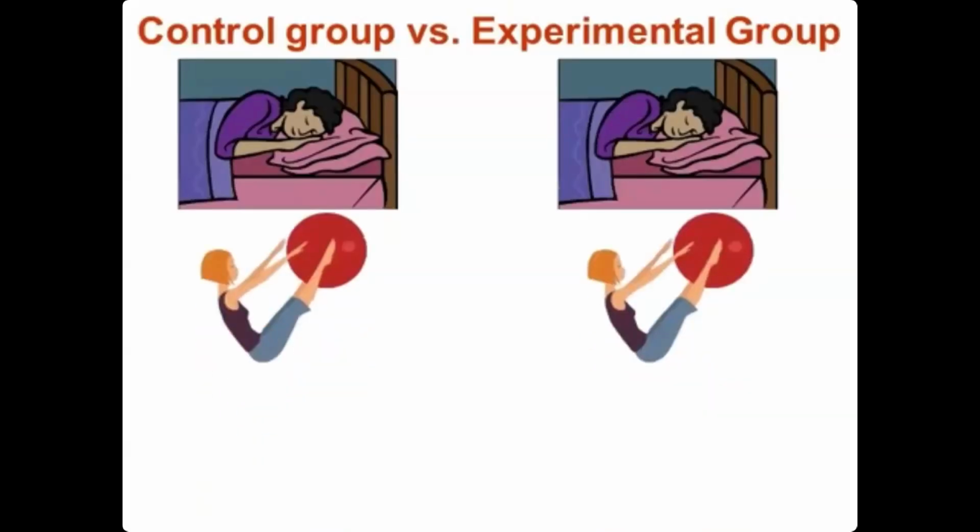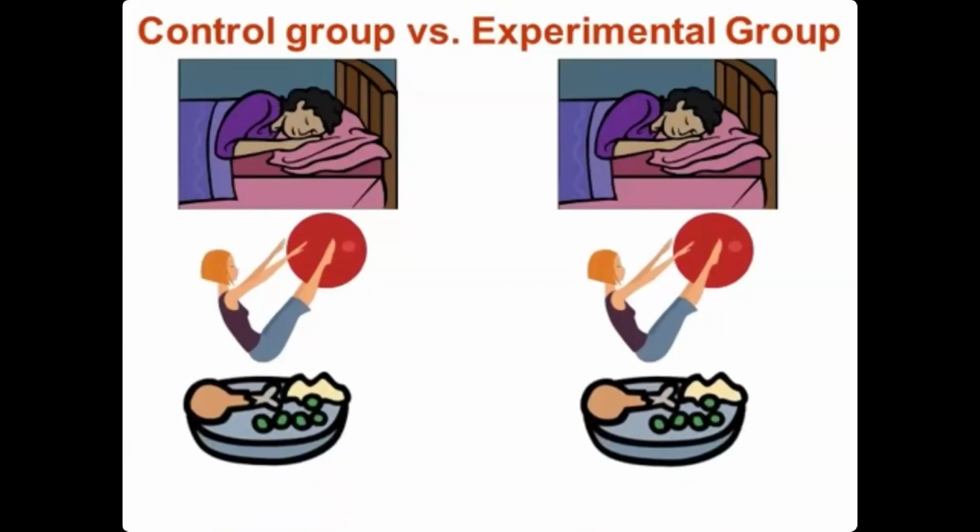During her 1 month of recording her sleep, she's also exercising regularly, and she's also eating very similar meals in this 1 month period, well-balanced meals with a good balance of carbohydrates, proteins, and lipids. The one difference is, if you just notice, we added earphones with music. So the one difference between the control and the experimental group is the fact that she's listening to music. All other factors are the same in this case.